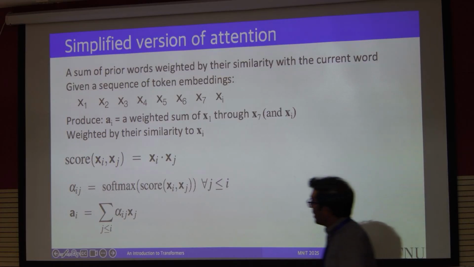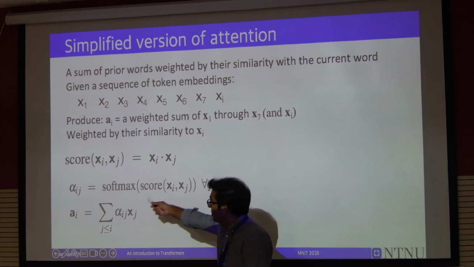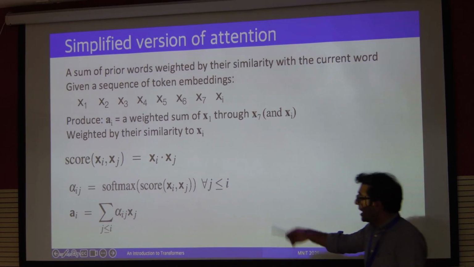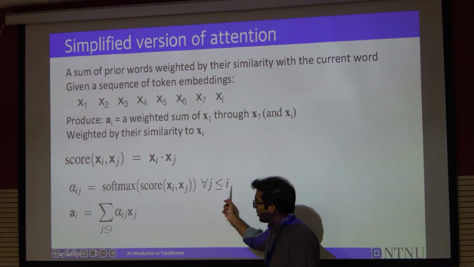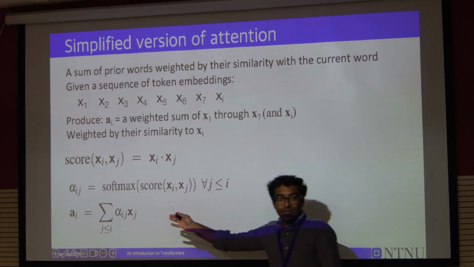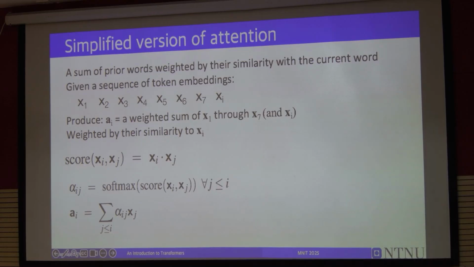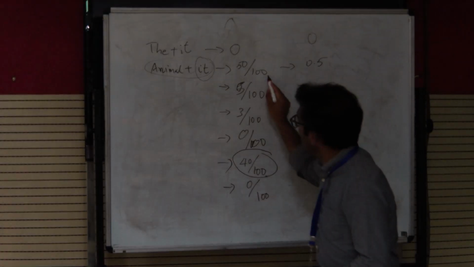And then once you have that score, we're just pushing it to a softmax layer because we're going to use a network. And then we're getting a score. And if the score is less than a particular threshold, we say that, okay, that is not interesting. If it is greater than the threshold, then we take that. So in this case, again going back to the same example, the candidates would be this one and this one.